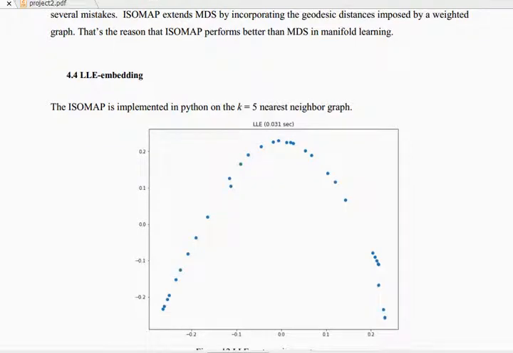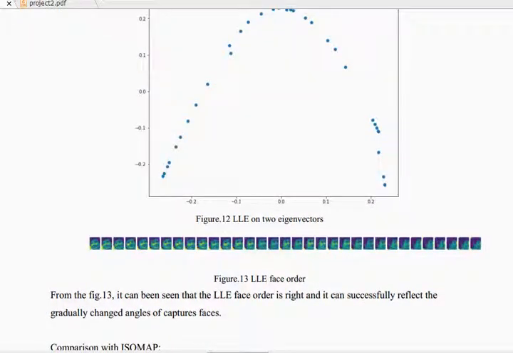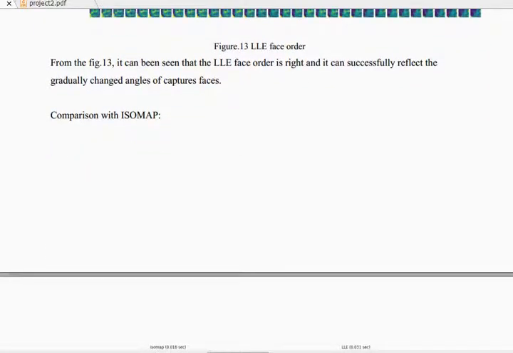Also, we do LLE embedding. These are the results of LLE, and you can see that LLE can also get correct face order. We make a comparison with ISO map.